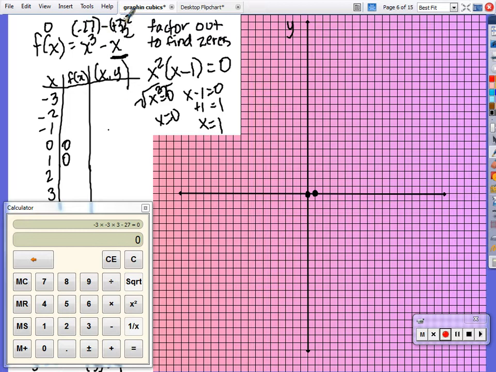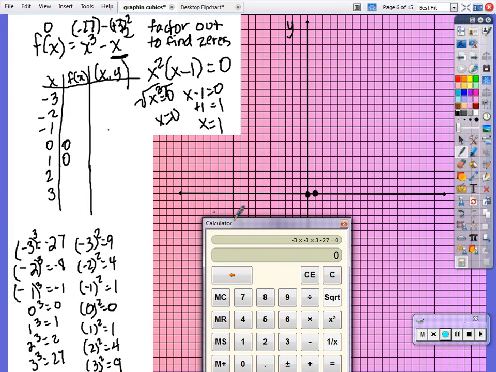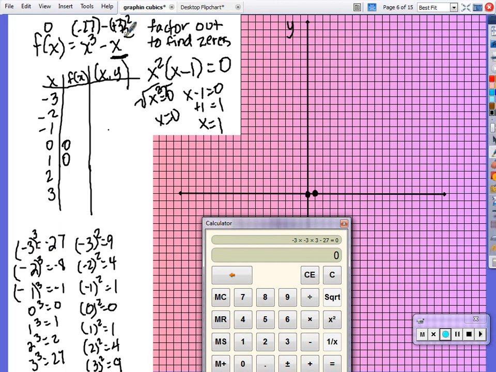So we're going to do -27. This is our x cubed minus our x squared. So -27 minus 9. So that gives us -36. So that's going to go way off our graph. -36.